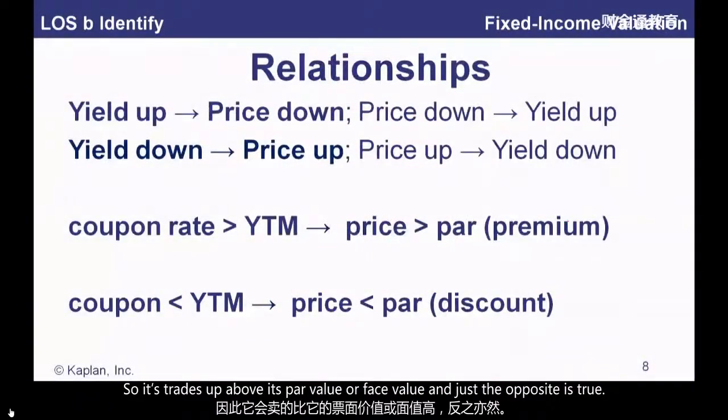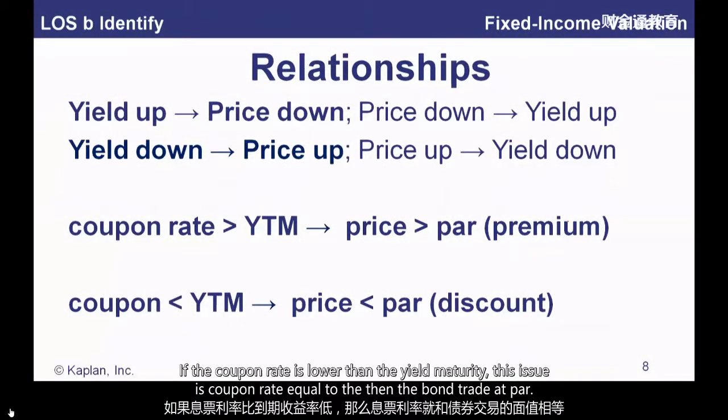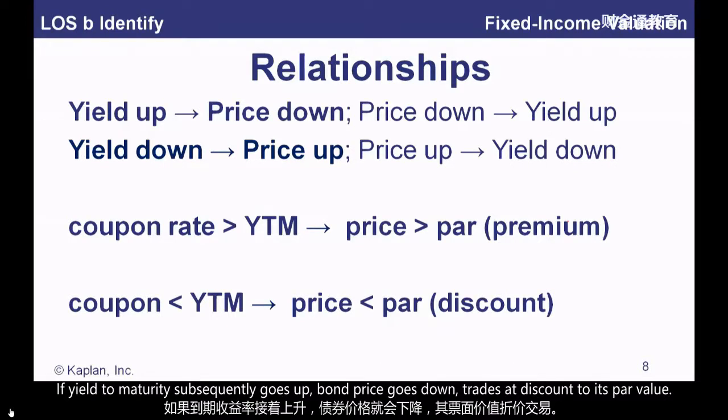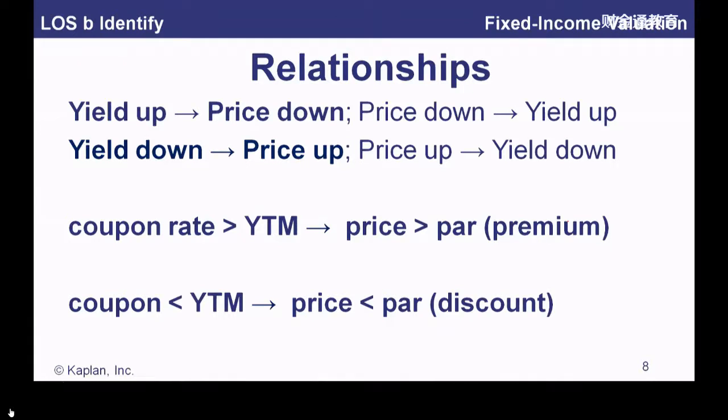And just the opposite is true if the coupon rate is lower than the yield to maturity. If it's issued with a coupon rate equal to the yield to maturity, then the bond trades at par. If yield to maturity subsequently goes up, bond price goes down, trades at a discount to its par value.